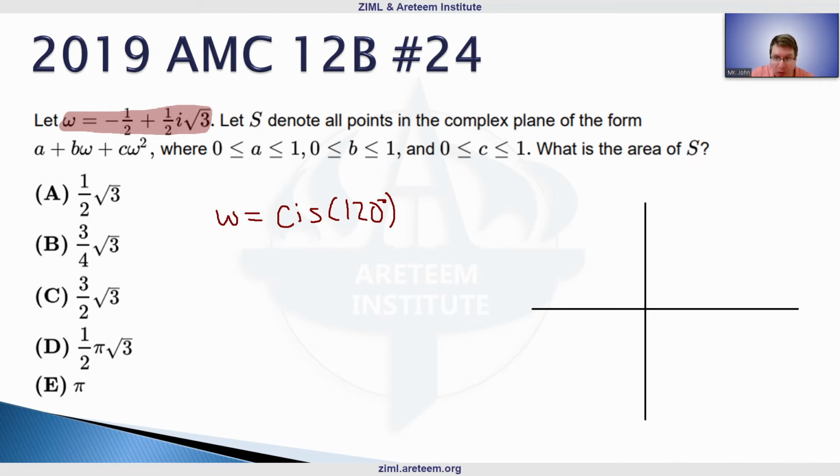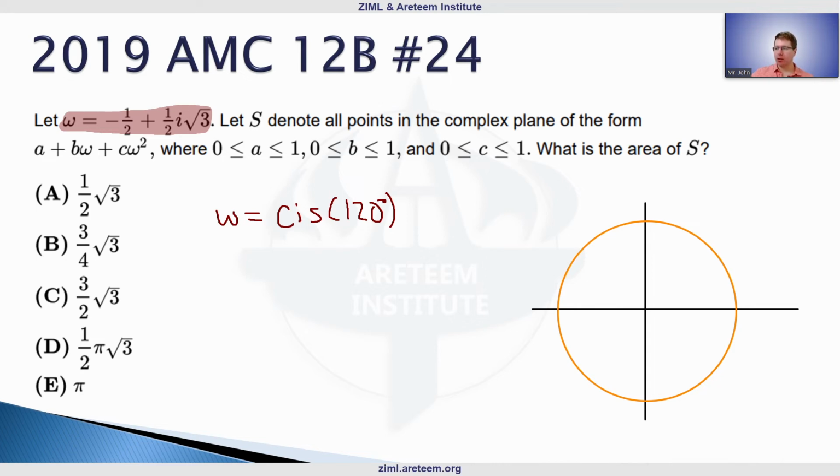That's pretty helpful, and that's actually going to make things a little bit nicer in this case, because that's telling us that our entire thing is living on the unit circle. So let's draw out a unit circle here, a little bit lighter color just so we can draw over it later, but that is our unit circle. So omega is there, omega squared is there, everything we have is like that in this case.